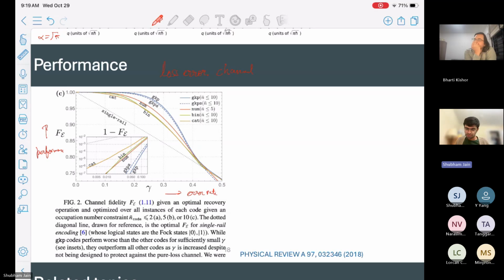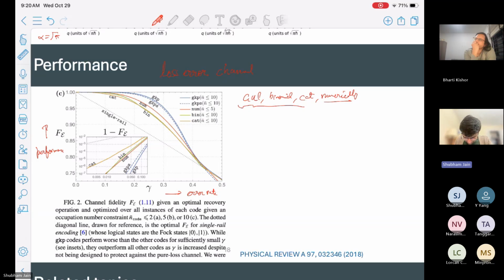They took a bunch of these codes, which are GKP codes, binomial codes, and CAT codes, and some other numerically optimized codes which we haven't talked about. But these were the major families, and they compared how these codes perform against the loss error channel by choosing the best members of each of these families, or the comparable members, and taking their best performances. And the results were sort of surprising.